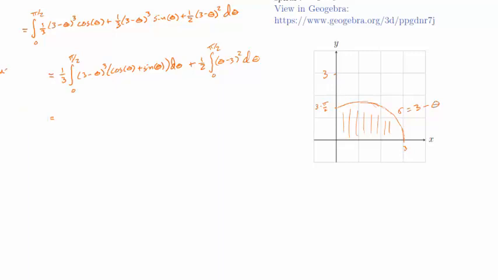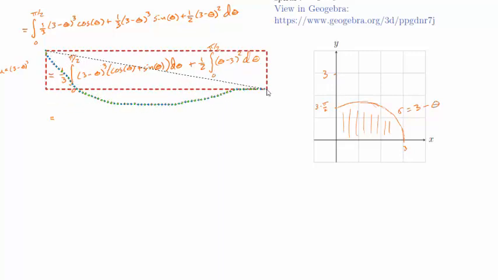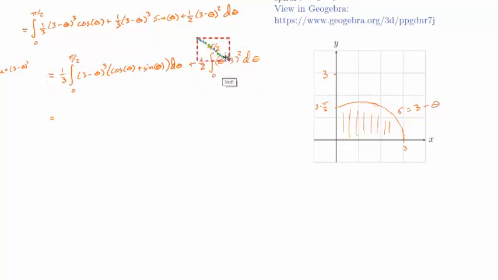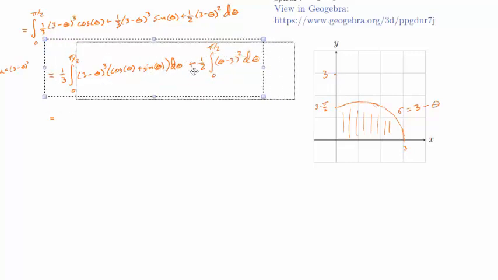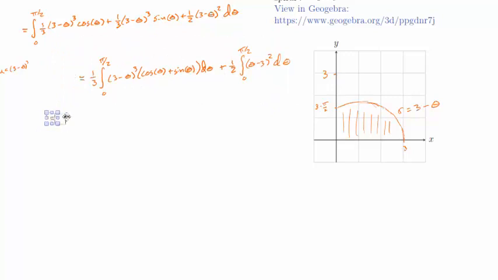So u equals 3 minus theta cubed, dv equals cosine of theta plus sine of theta d theta.